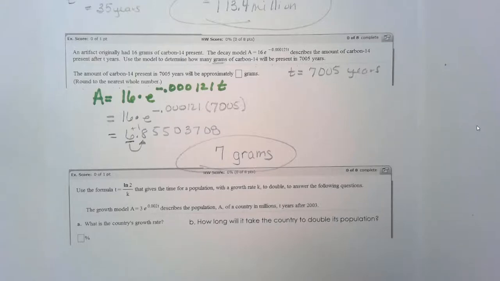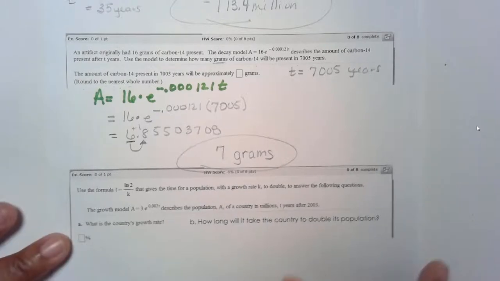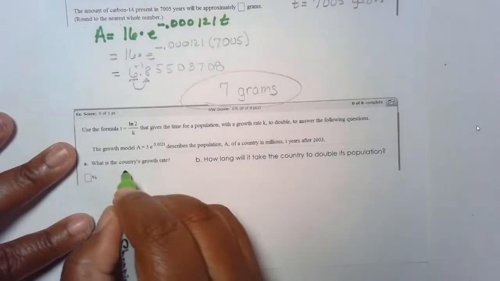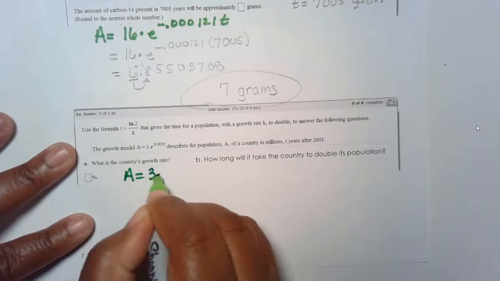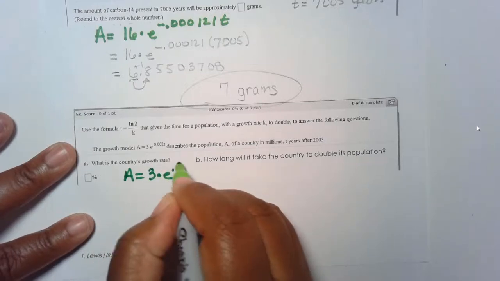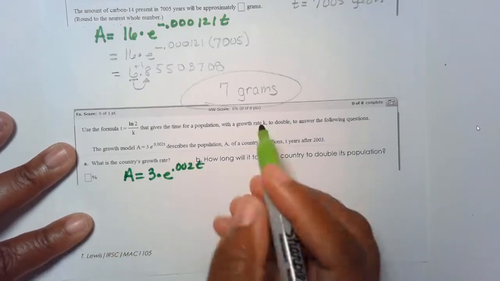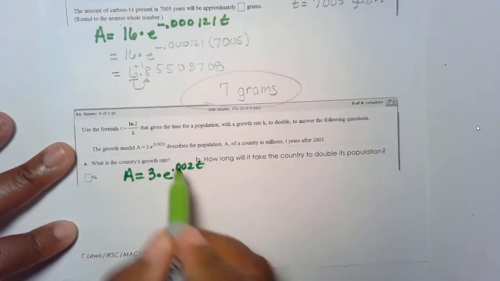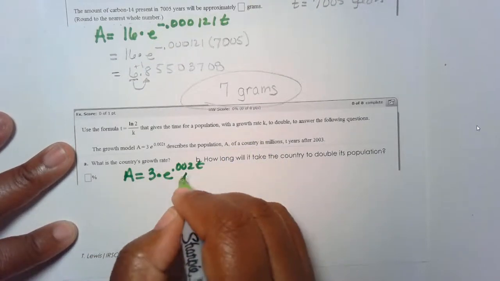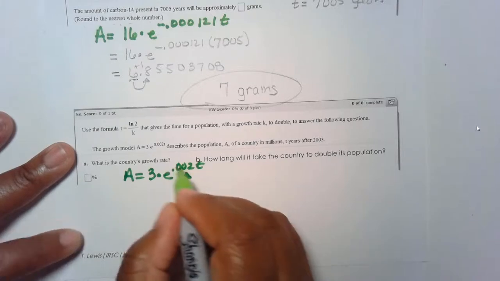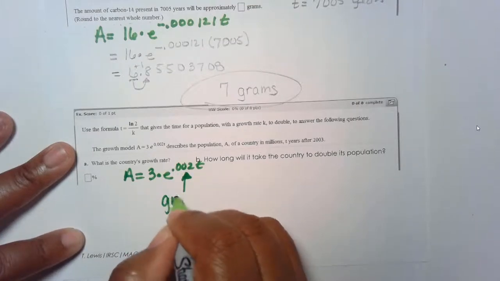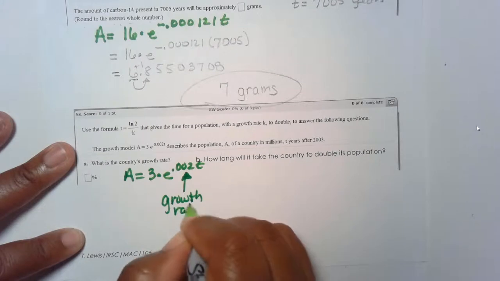It says what is the country's growth rate? So let's look at the formula that is being described here. A is equal to 3 times e to the 0.002t. So it says, what is the country's growth rate? So remember, k, when it's positive, represents the growth rate.